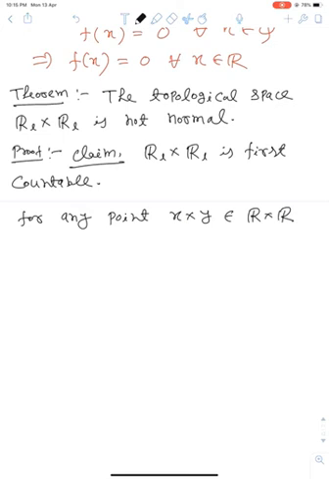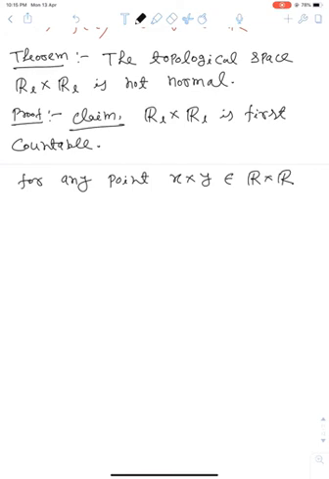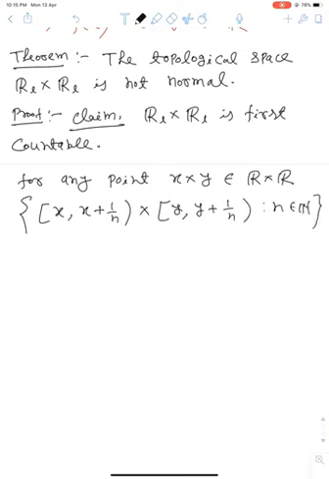So the topological space with the topology is denoted by RL cross RL, right? But the space is R cross R. So for any such point, the sets [x, x plus 1 by n) product with [y, y plus 1 by n), where n belongs to the natural numbers, form a countable basis at the point x cross y, right?